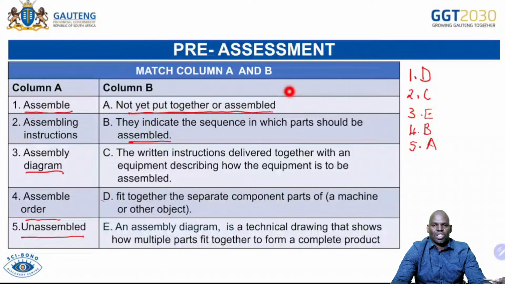This was just a pre-assessment, to check if you can match the terminologies that are given with their relevant explanations under column B. So that is that in terms of the pre-assessment. I hope you all understand the terminologies and their explanations under column B.